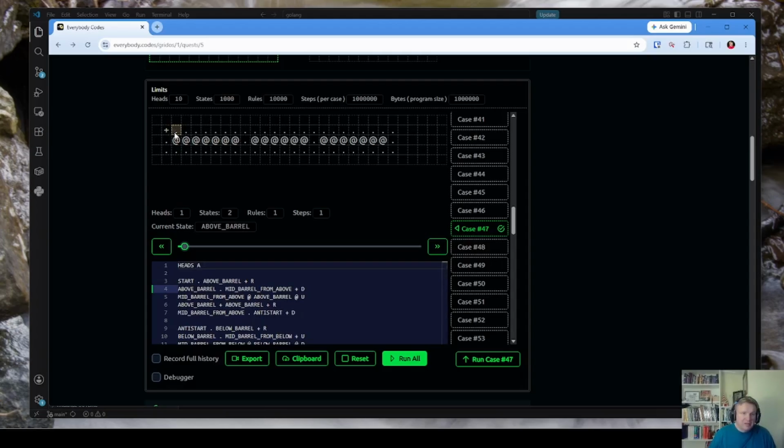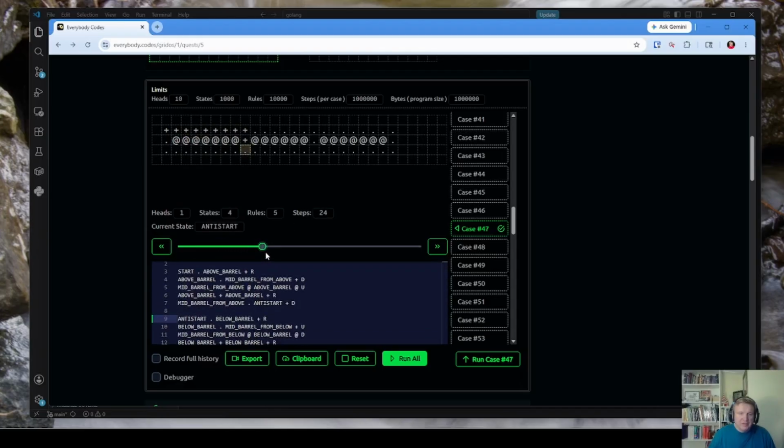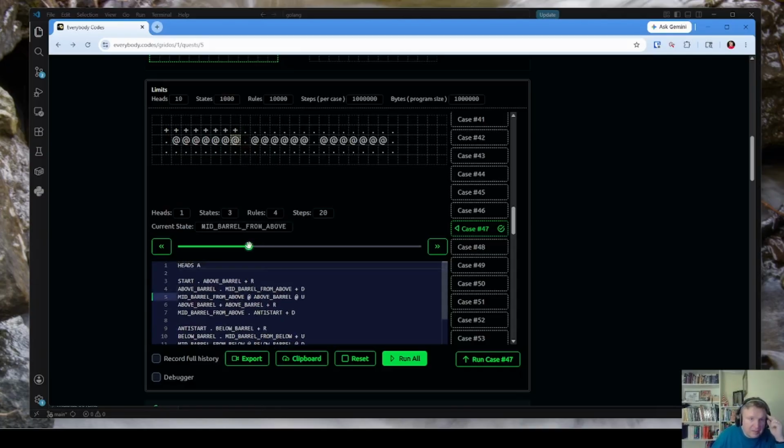And then one state when you were above the barrels and you had to keep going down and checking that the thing right below you was an @ sign. When it isn't an @ sign, I go mid-barrel from above, and then I go into anti-start.